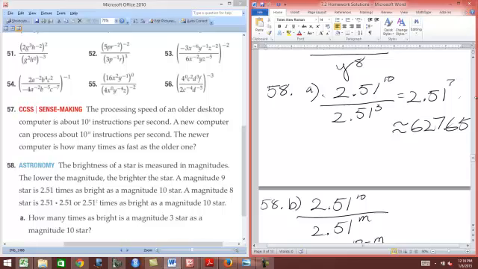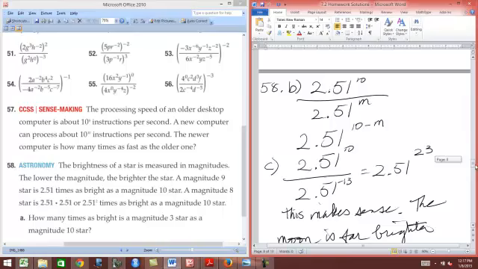So a magnitude 3 star is 2.51 to the 7th times as bright as a magnitude 10 star, or approximately 627.65 times as bright.